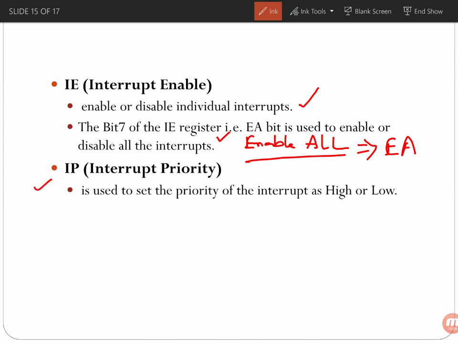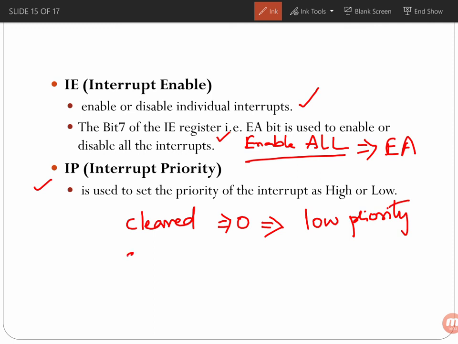And next, the interrupt priority register. The IP or interrupt priority register is used to set the priority of the interrupt as high or low. If a bit is cleared, that is, whenever it is 0, the corresponding interrupt is assigned low priority.